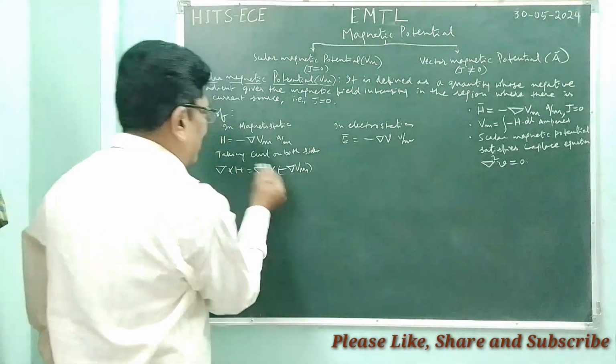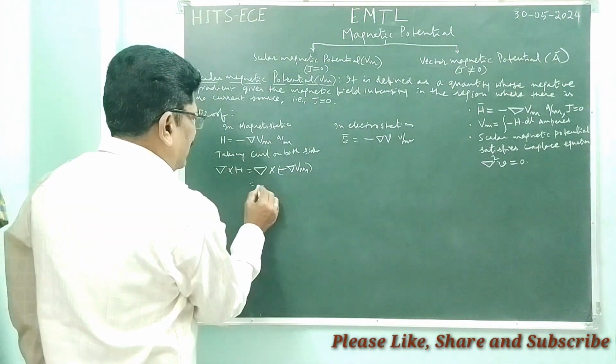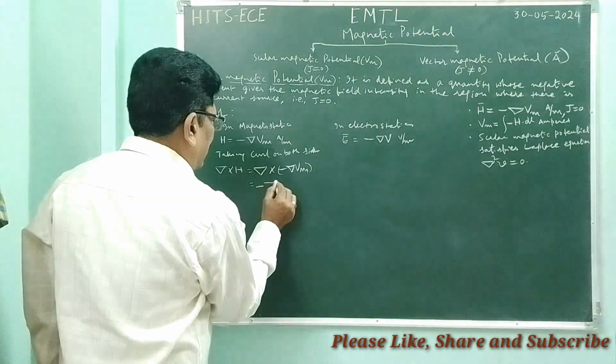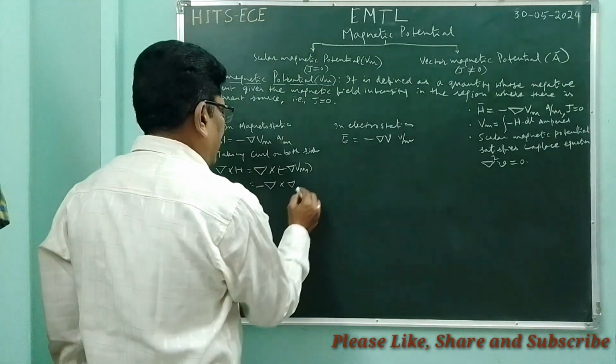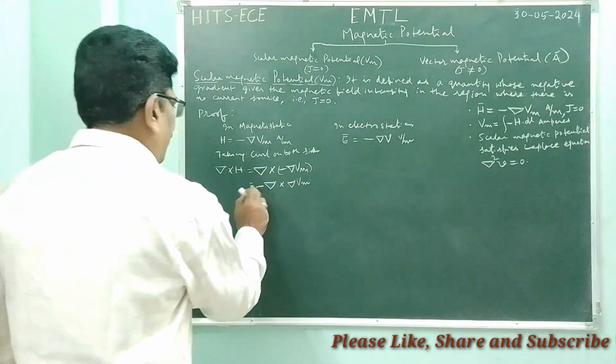Why? Because we are taking curl on both sides. So it should be equal to minus del cross del Vm.